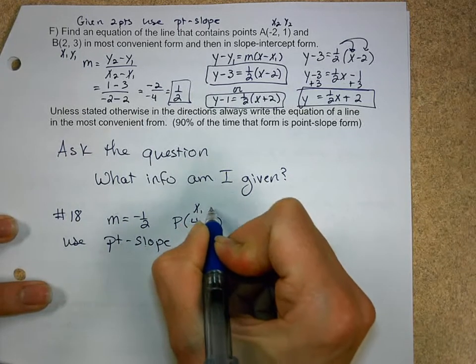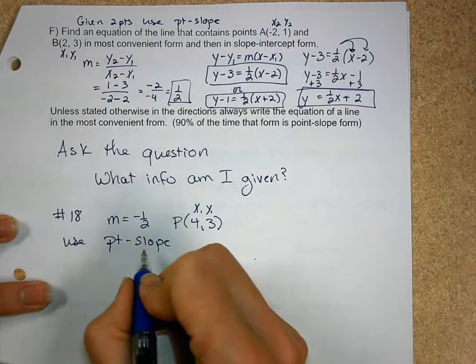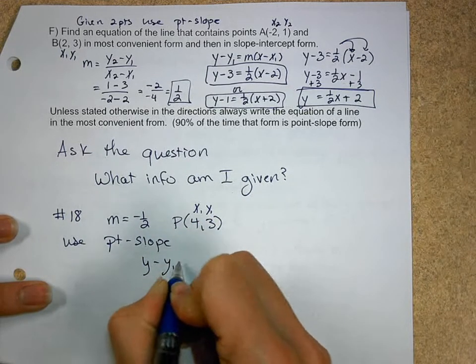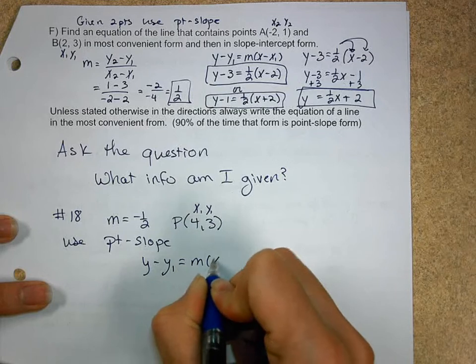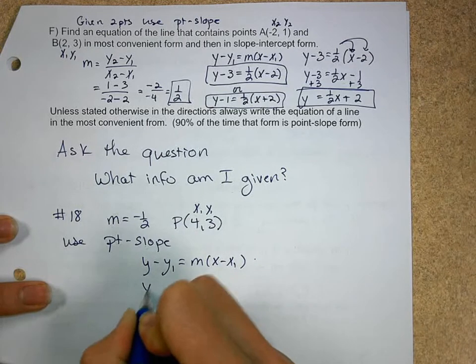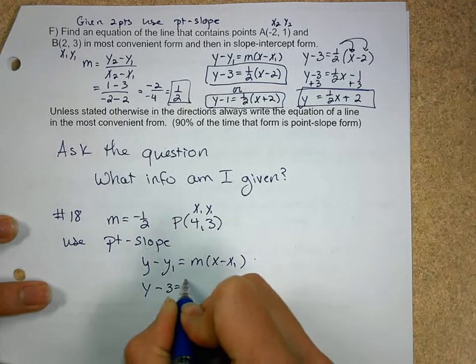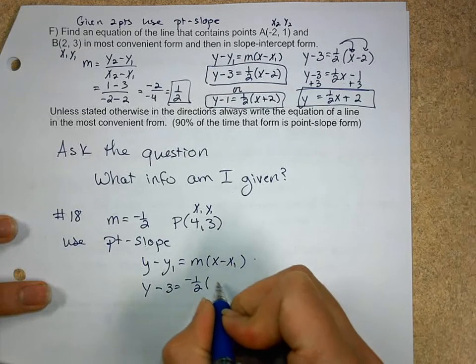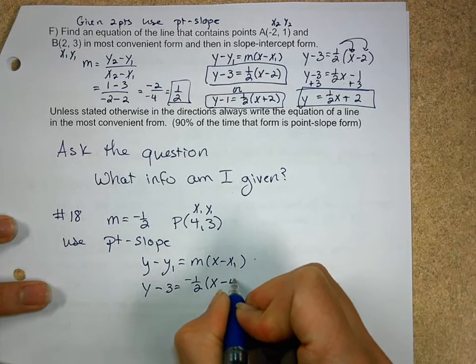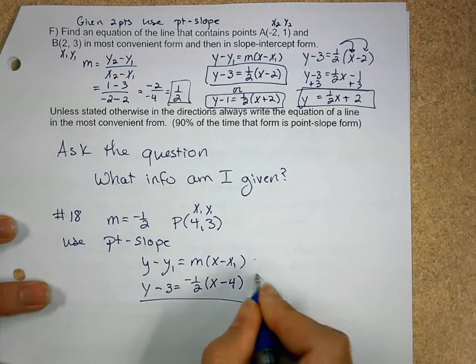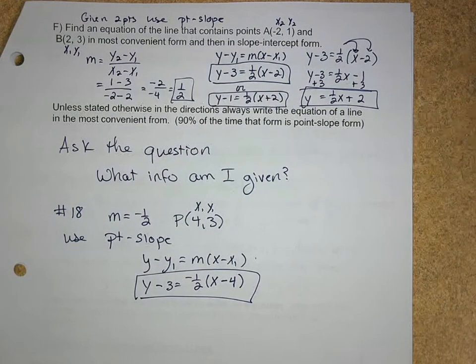And I'm even going to put x1, y1 over this so I can plug it in. So we put our form down, y minus y1 equals our slope times x minus x1. So y minus 3 equals a negative 1/2 times the quantity x minus 4. That's all you have to do. Simple as that.